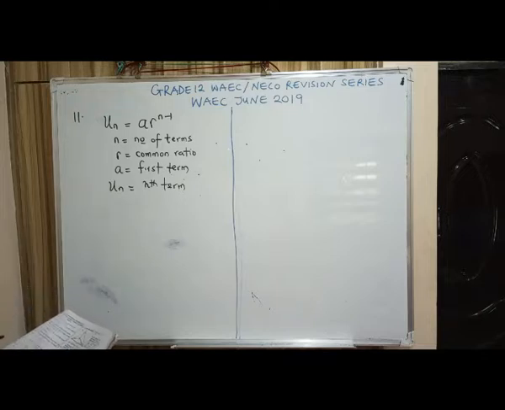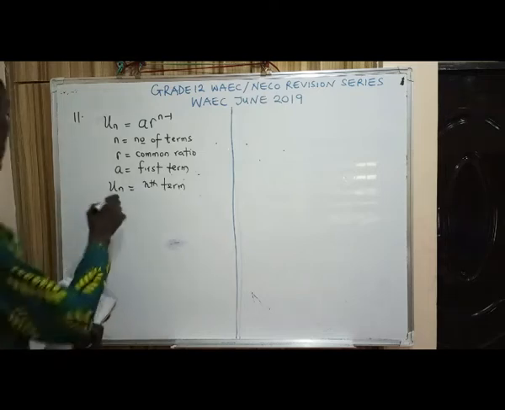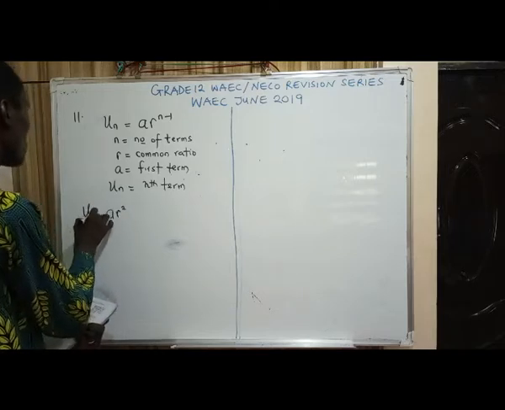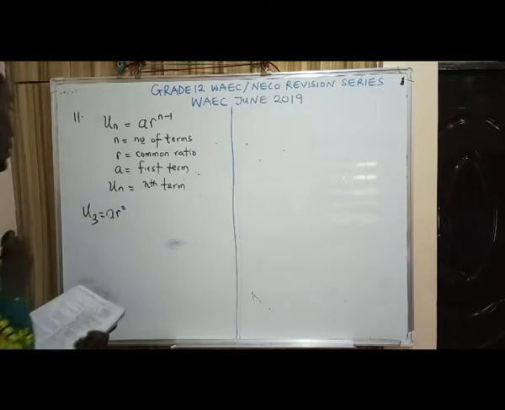Now the question says that the third term, that will be AR squared, or what we may say U3 rather.